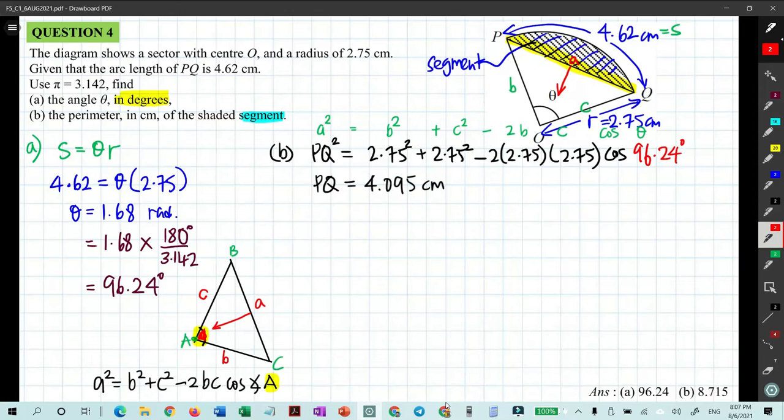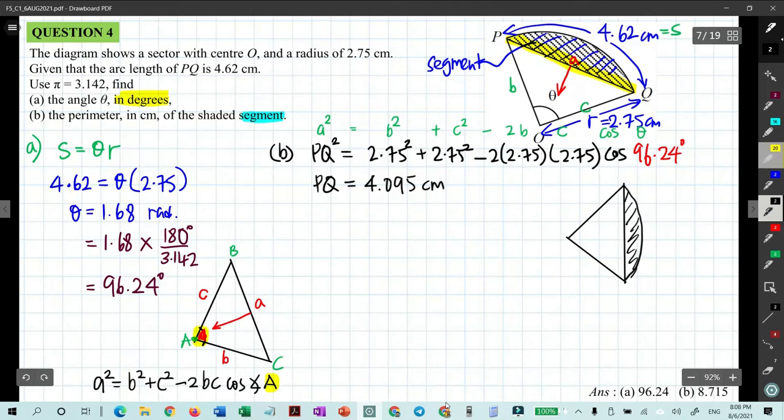Next, in order to find the length of PQ, we also can use another method. To find the length of this line here, provided the angle here is theta, this is radius and this is also radius, I'm going to label this as AB. So AB is basically equal to 2r sine theta over 2.